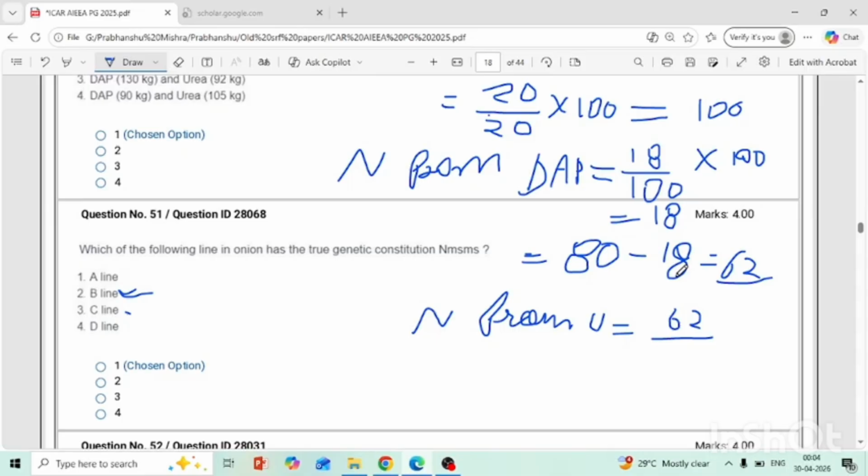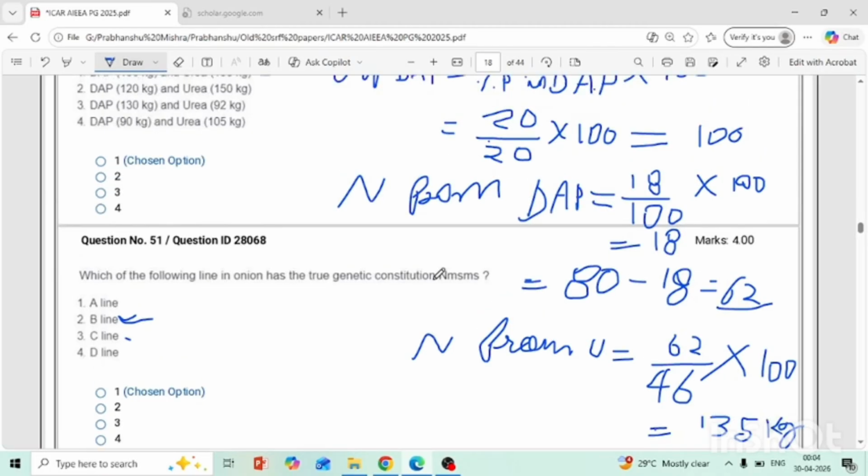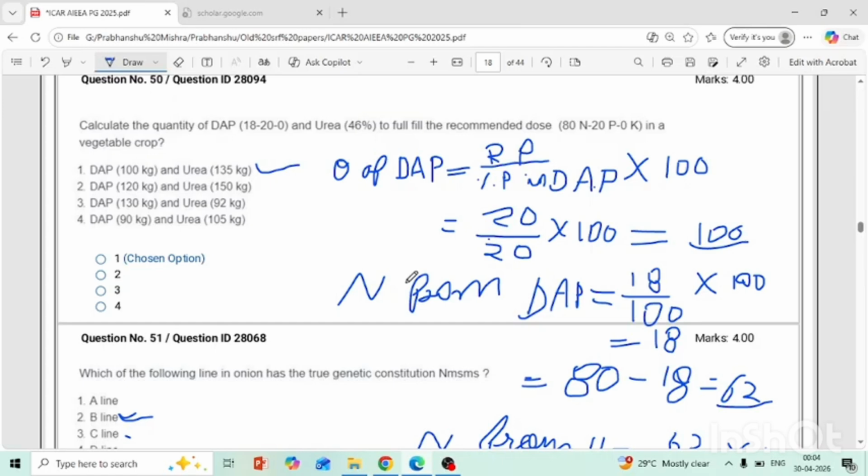Then into 100. You calculate this and you get 135 kg. So your answer is 100 kg DAP and 135 kg of urea. This is a very simple question. इतना तो कैलकुलेशन आना चाहिए. ऐसे किसी भी फर्टिलाइजर का पूछा जा रहा है तो इस तरह से आप कैलकुलेट कर सकते हैं.